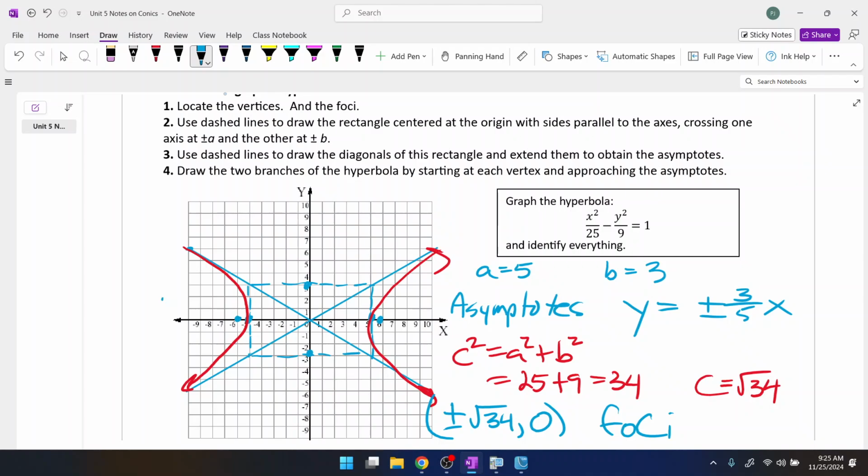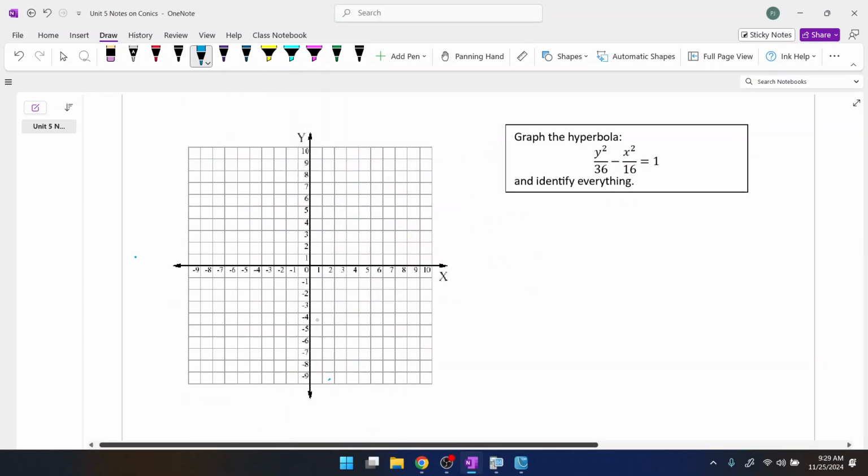All right, do the next one. All right, so this is going to be a vertical transverse axis. And A is going to be 6 and B is going to be 4 here. So it's going to look something like this here.